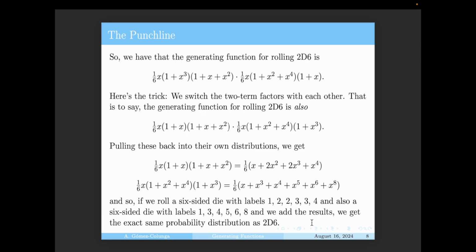In fact, if you do a little more stuff with unique factorization of polynomials, you can prove that this is the only other way you can roll 2 6-sided dice and get 2d6, as long as you assume that the minimum value is at least 1.